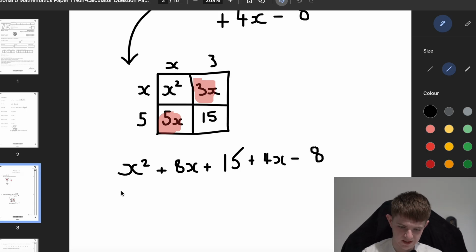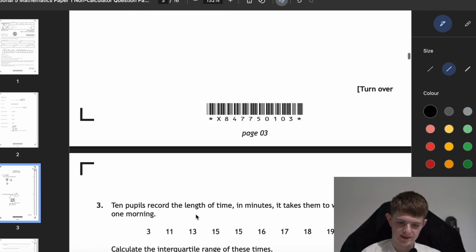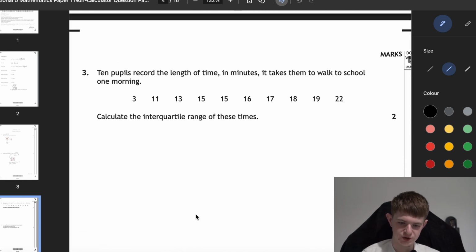So x squared, there's nothing that goes with x squared, so we can just leave it at that. 8x and 4x, you add them together, it's going to get 12x. So 12x in there. And 15 take away 8 is going to get you 7. So that's our answer.